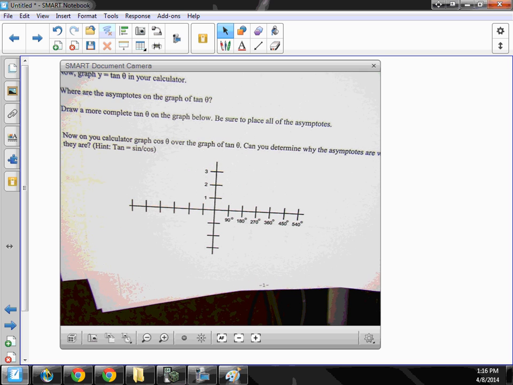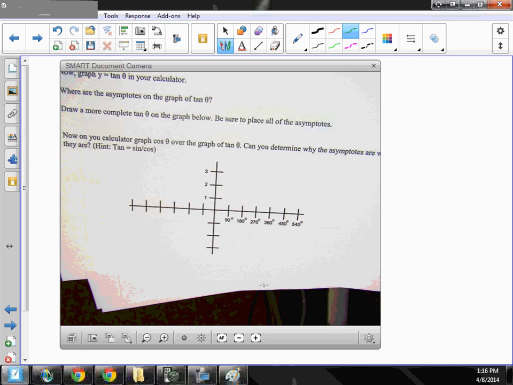Yep. No, it's not 180. 90. So the first asymptote is 90 degrees. Where are all of the others in reference to 90 degrees? How much more? 180 degrees more or less.